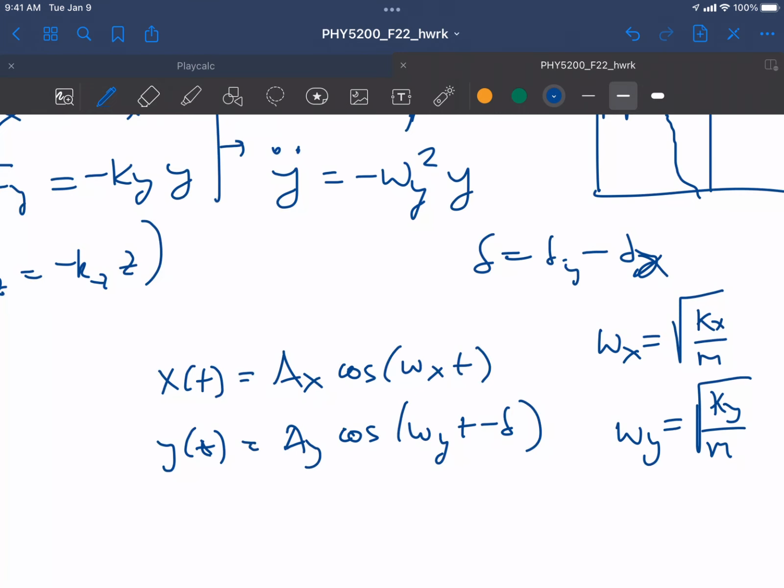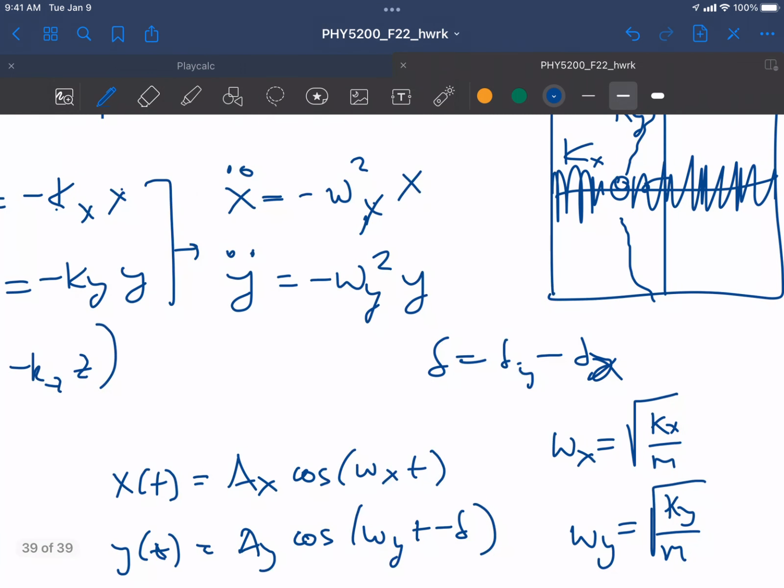So these different spring constants in the two different directions, the spring constant in the x direction will be a much heavier, stiffer spring. Pulling the mass a certain distance will require a lot of force.